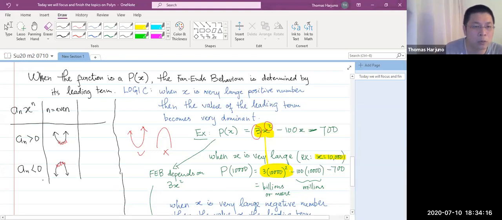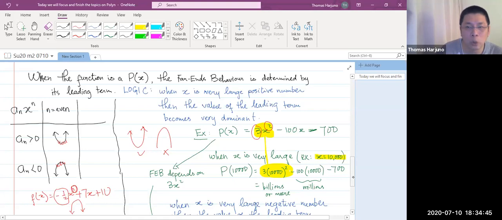Now when the leading coefficient is negative, for a quick example, let's say we have f(x) equals negative 1/2 x squared plus 7x plus 10. The exponent is even, the degree is even, so it's either one of these two. And because the leading coefficient is negative, then we know it's actually an upside down parabola.